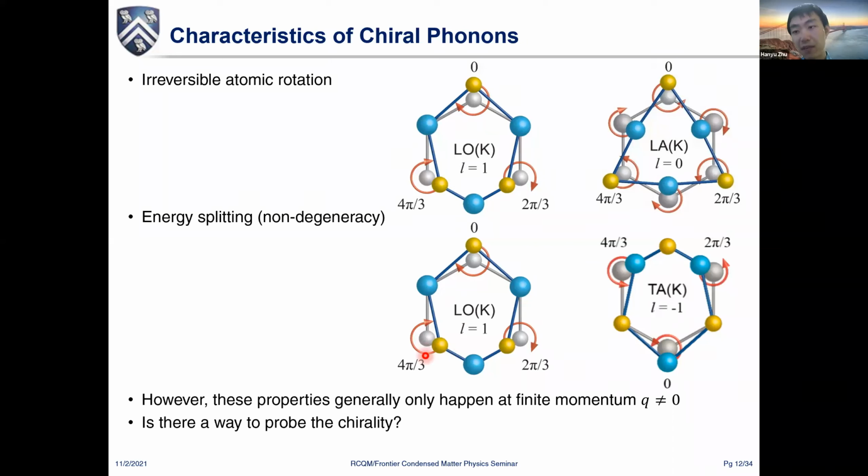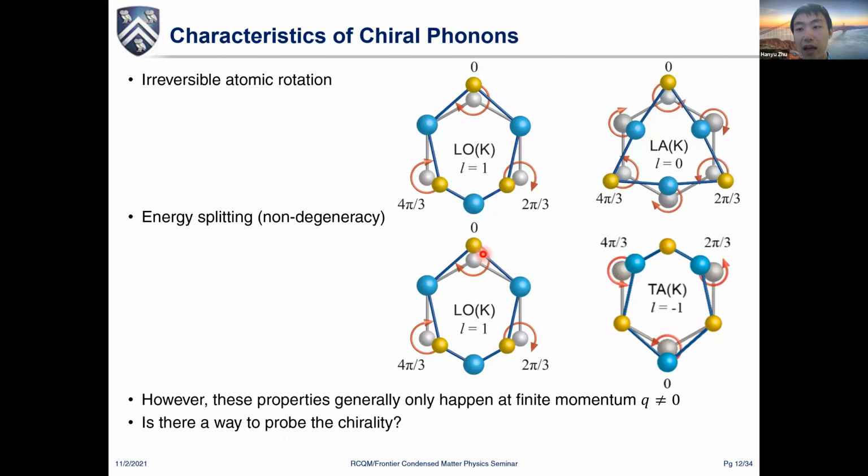Because we have AB sublattices, we can prove that on one K point or K prime point, there must simultaneously be two phonon modes, one with pseudo-angular momentum plus 1, the other with pseudo-angular momentum minus 1. This is basically like spin-orbit splitting. You have plus, you must have minus, right?